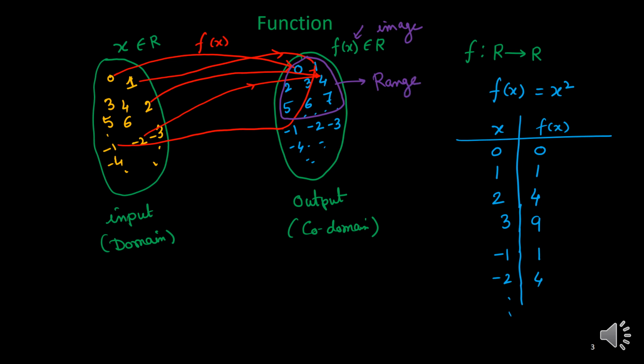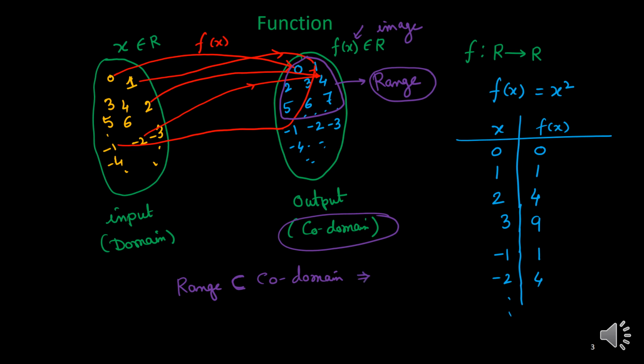So you can see the difference between codomain and the range. Range is sometimes a subset of codomain, some part of codomain. If it is a subset or some part, not exactly the full codomain, then that function is called into function.